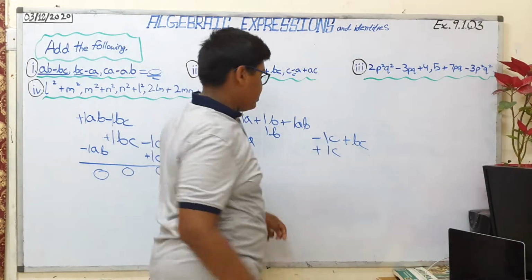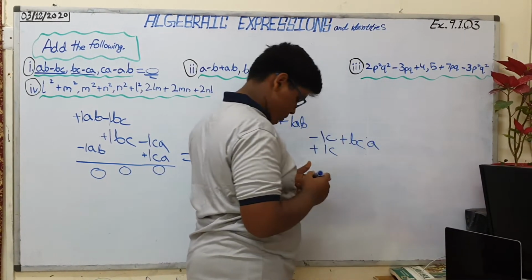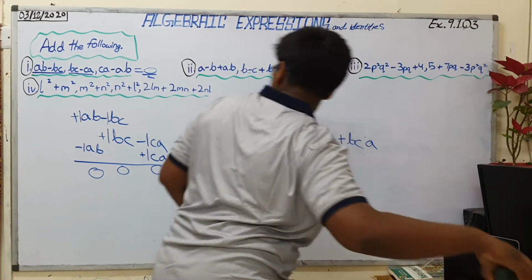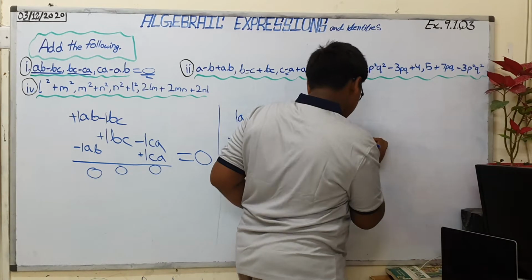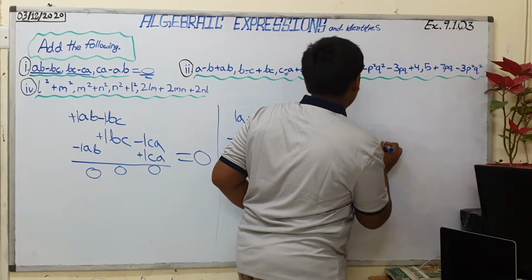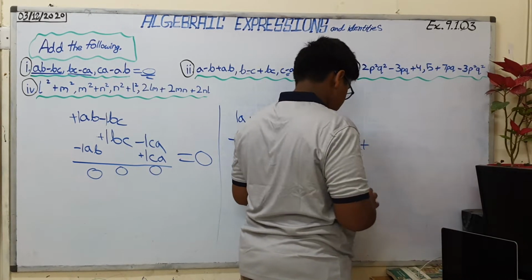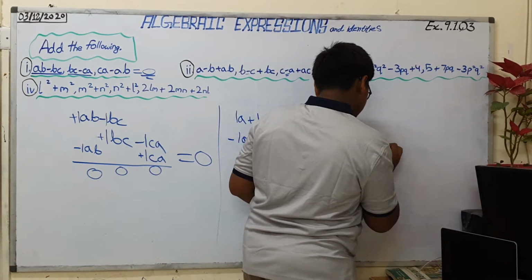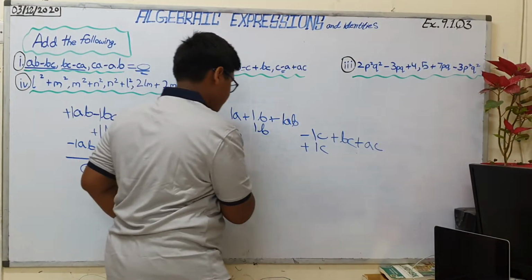There is no AC in it, so we are going to take a new column, taking some space for writing this, plus 1AC. Now we are going to add them, the whole sum.